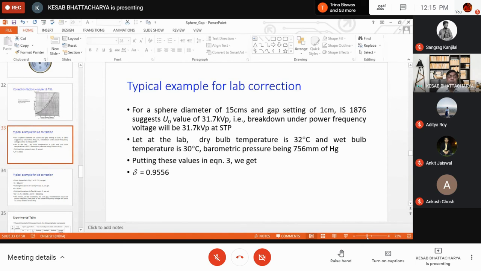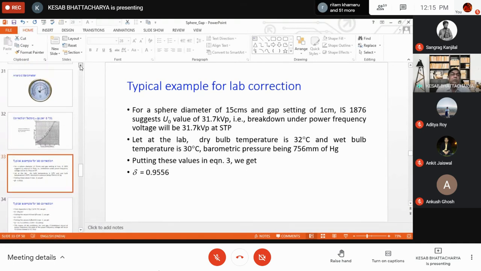These are the ways by which it can be calculated. The dry bulb thermometer reading is 32 degrees centigrade, and barometric pressure is 756 millimeter of mercury.